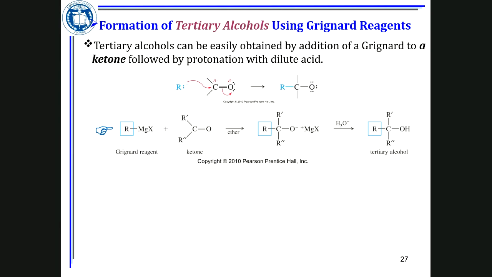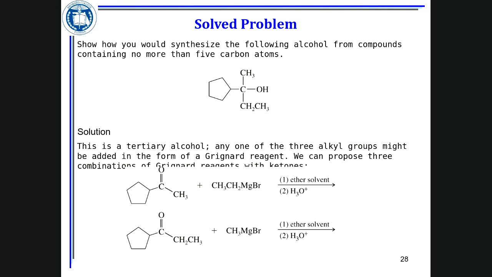For tertiary, you have one group coming from the Grignard, and two groups coming from the ketone that you start with. So if you want a tertiary alcohol, you have to make your Grignard react with a ketone, but the steps are always the same.